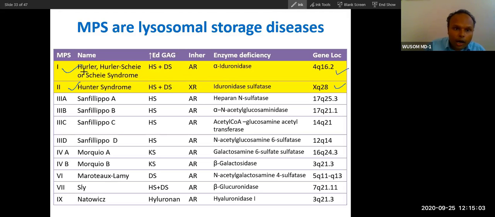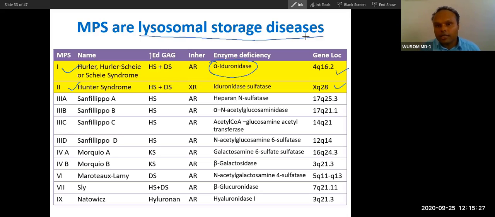You can see Hurler syndrome is because of deficiency of iduronidase. That is why I want you to memorize iduronic acid. Iduronidase is a lysosomal enzyme, and all these disorders are lysosomal storage disorders. What does lysosomal storage disorder mean? If there is a deficiency in a lysosomal enzyme, it will cause accumulation of substance inside the cell. This is called storage disease.